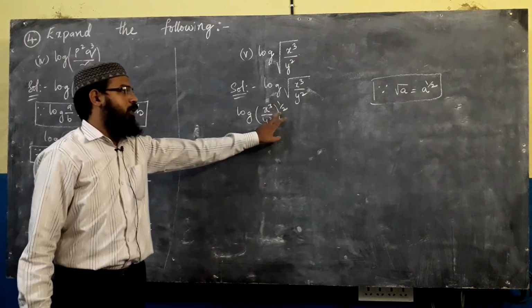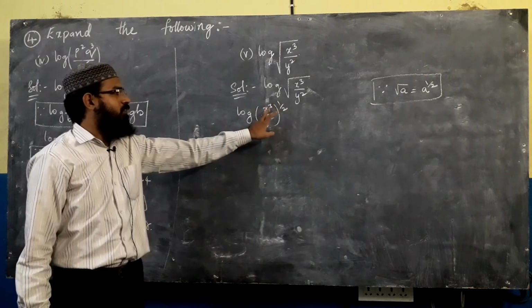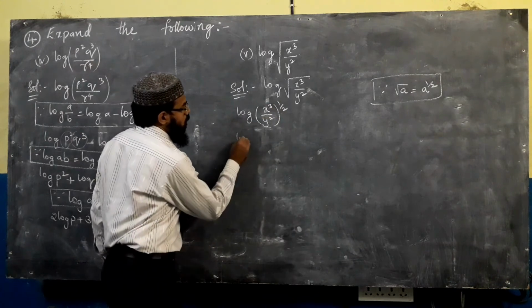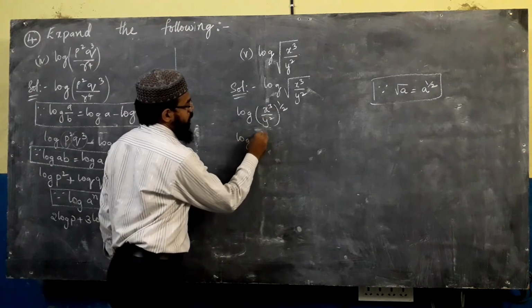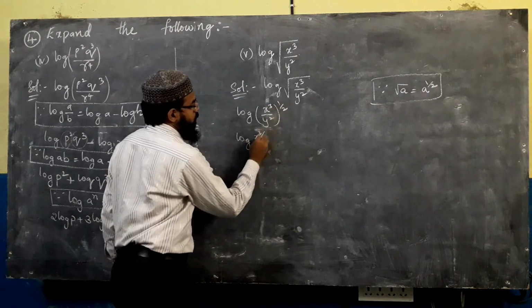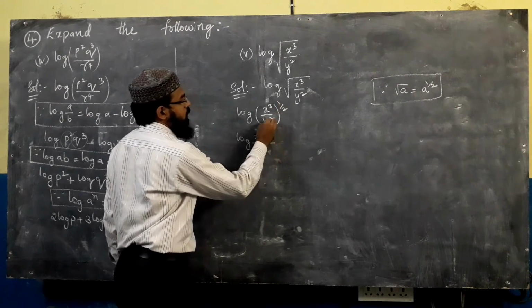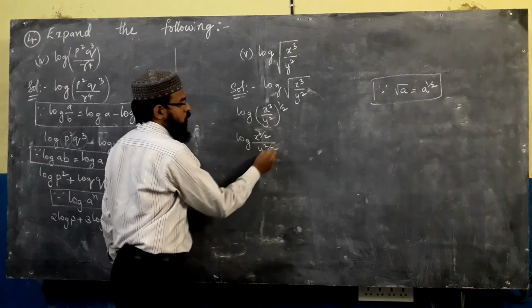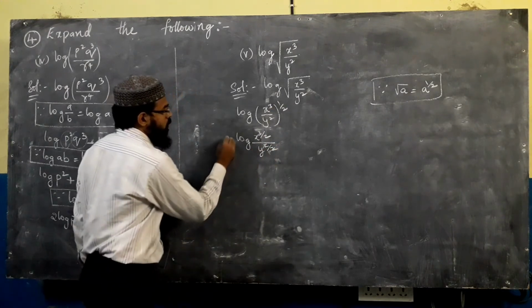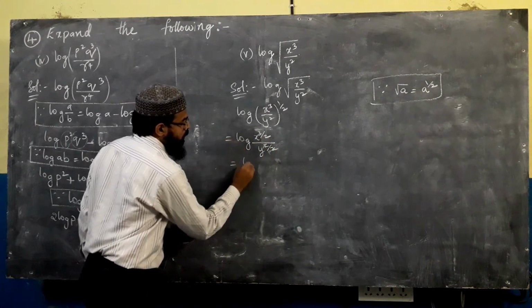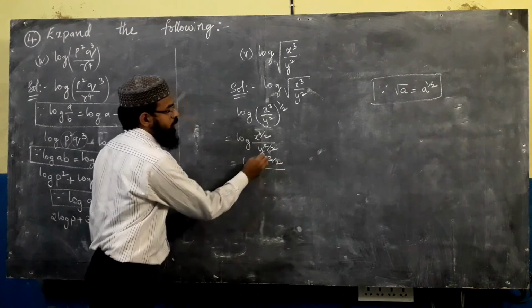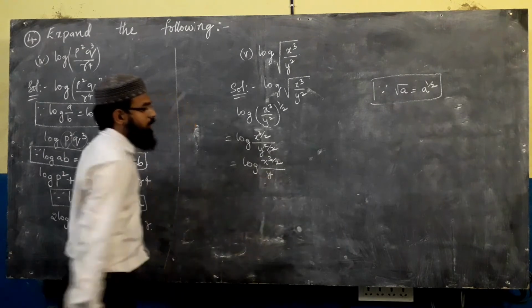And this 1 by 2 will get multiplied with 3 as well as 2. So log x to the power of 3 ones are 3 by 2 by y to the power of 2 ones are 2 by 2. 2 ones are 2. Next, log x to the power of 3 by 2. Here what is left? y.